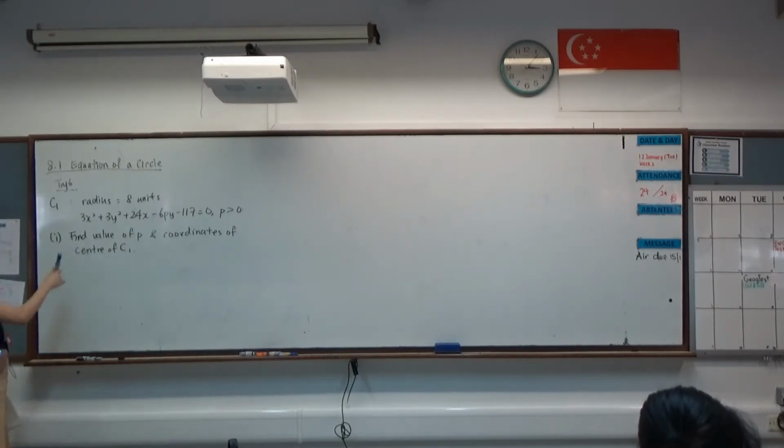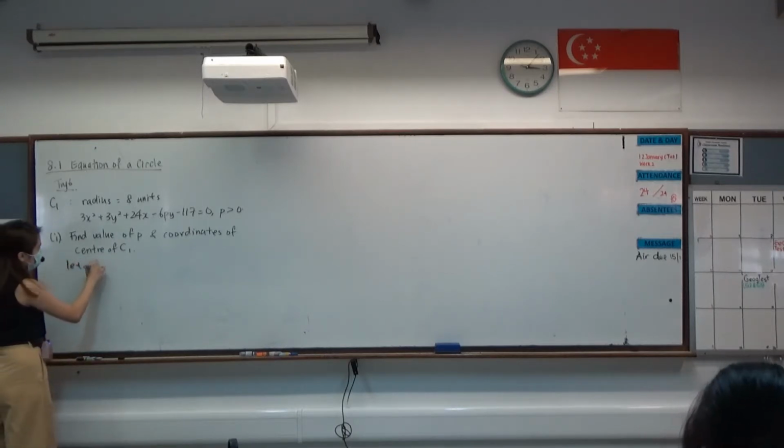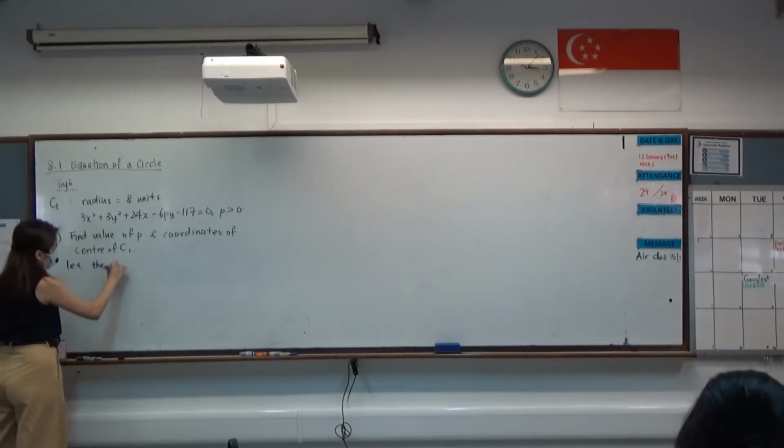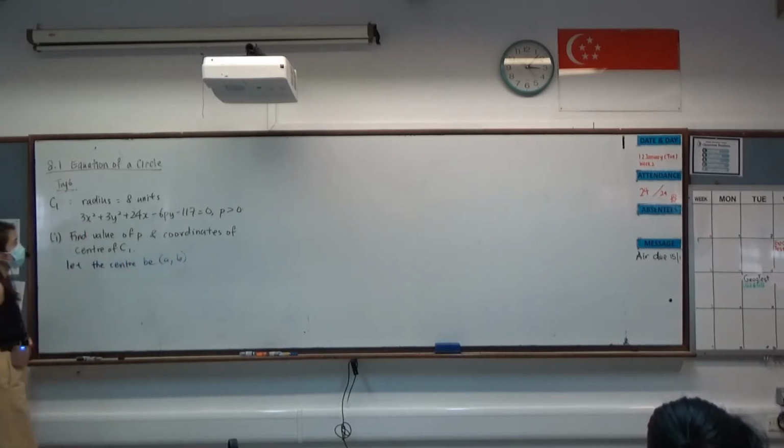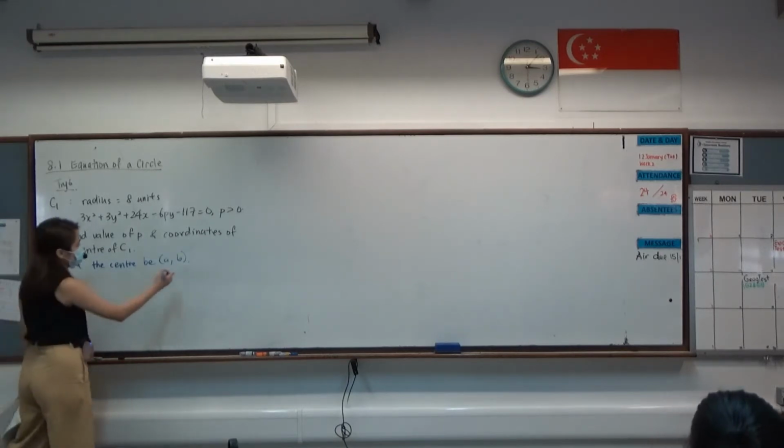So now that we are given something that is of the general form, we will work with that, right? And in order to work with that, we have learned that we will let the center be the coordinates A, B first. Radius we already have, 8 units, so that will be out of our concern.